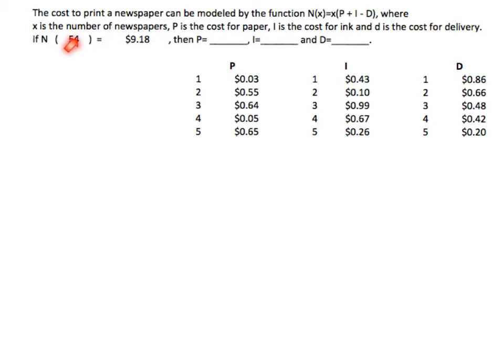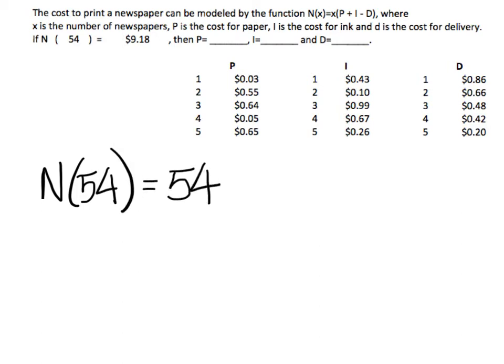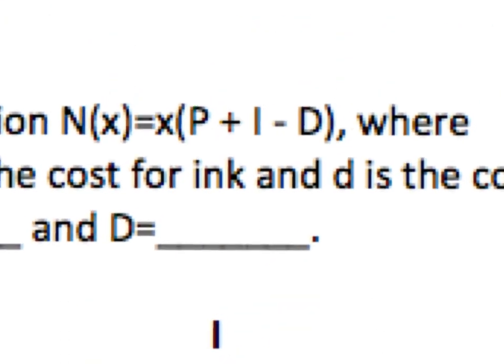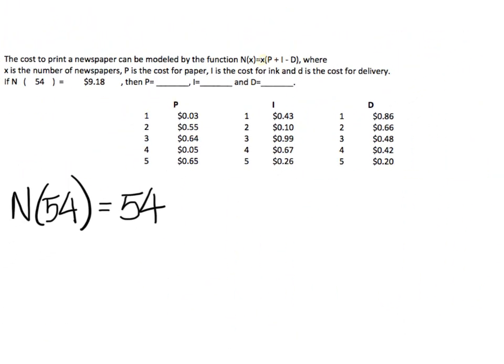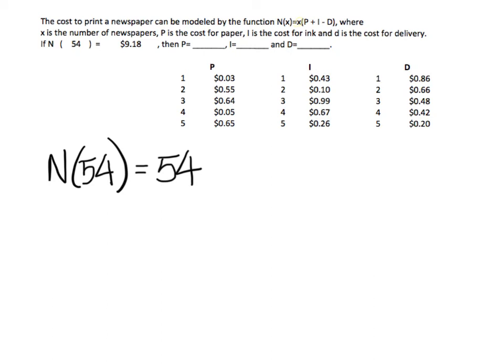So if we have 54 newspapers, what you can set up is the following. N of 54 equals 54 times P plus I minus D, where you're going to have paper, ink, and then delivery.